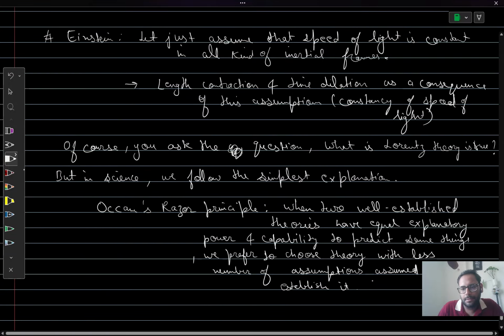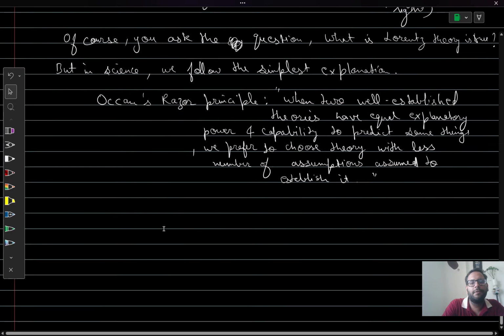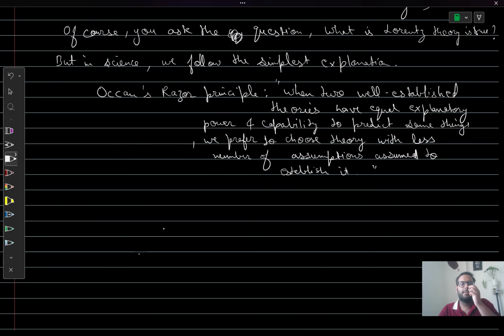Okay, this is the principle. We follow some scientific methods. This is a scientific principle. When two well-established theories have equal explanatory power and capability to predict the same things, we prefer those theories that have less number of assumptions assumed to establish it.